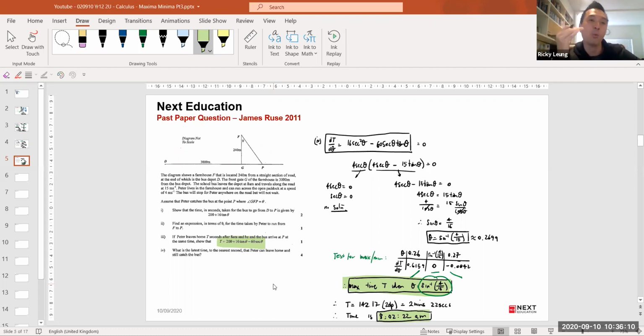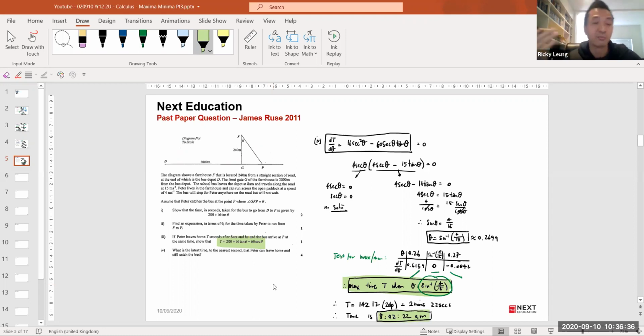Some parts, part 1 is quite tricky in that to derive the equation for you to differentiate may require a number of parts. Like the fuel question was quite hard. Some questions require you to use similar triangles. Some questions require you to find a relationship between volume and surface area. In this question, it's to do with time, in which case we need to utilize speed equals distance over time.